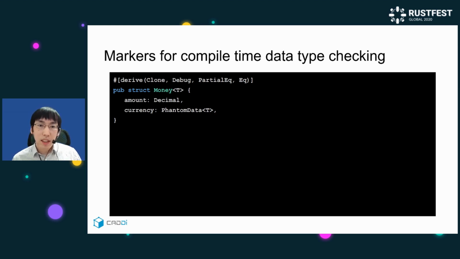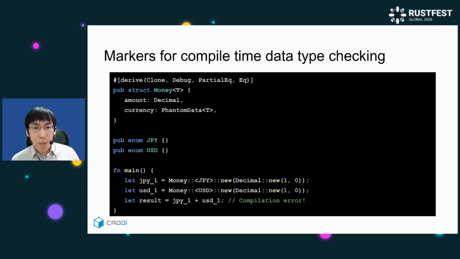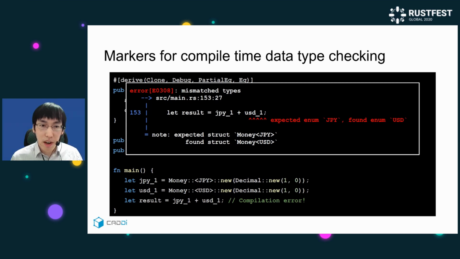And so by using phantom data types here, we can create some enums for a Japanese yen or US dollar so that when we create a statement like this, where we try to add a Japanese yen to a US dollar, we would get a compile error like this, a very, very friendly compile error that tells us exactly what happened.